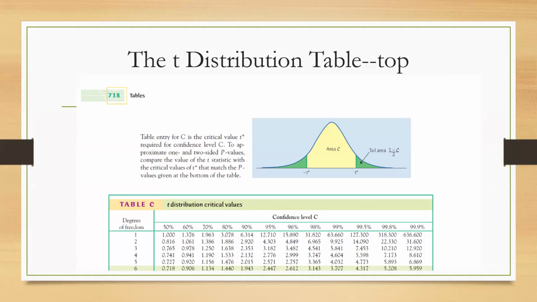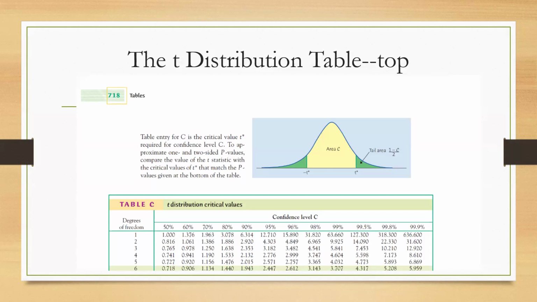So I want to orient you to this table. Notice that the top of the table says t-distribution critical values. So remember when we were doing confidence intervals, those critical values were the symmetrical left and right side values of z star that gave us a certain area in the middle.